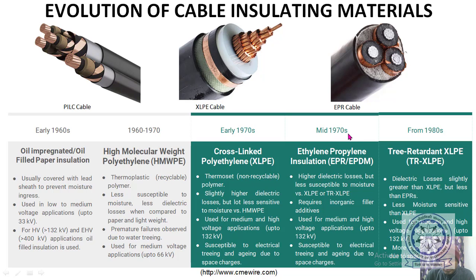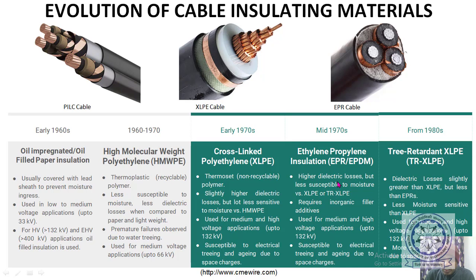And in the mid 1970s, EPR, ethylene propylene rubber insulation, and EPDM, ethylene propylene diene monomer, came into picture. High dielectric losses, but less susceptible to moisture compared to XLPE or tree retardant XLPE, the next one.